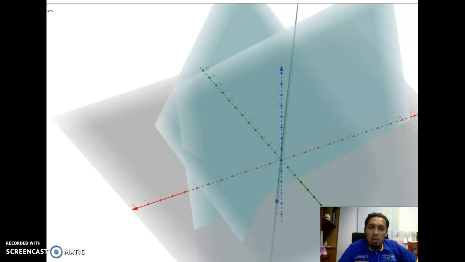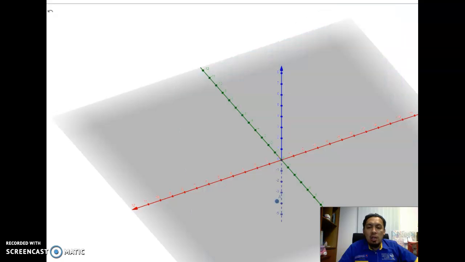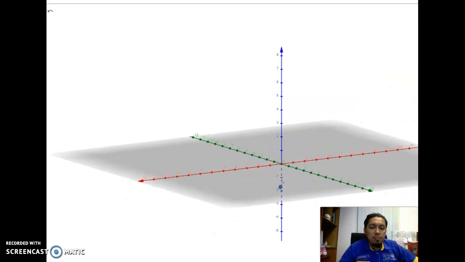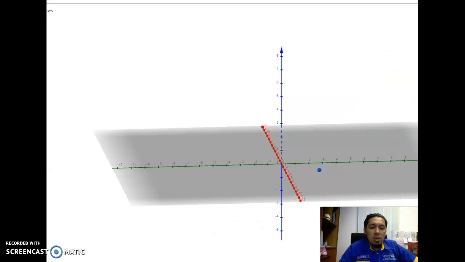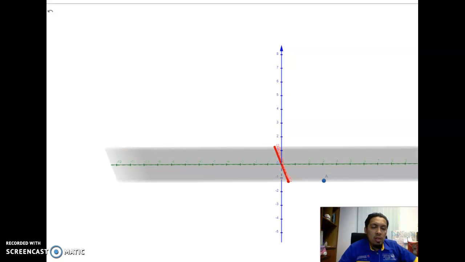So which one? To know that, we are going to need another piece of information, which is known as a normal vector. We are going to have one vector acting as a normal vector. We're going to talk about why. So let's say that this is the normal vector, pointing like that.